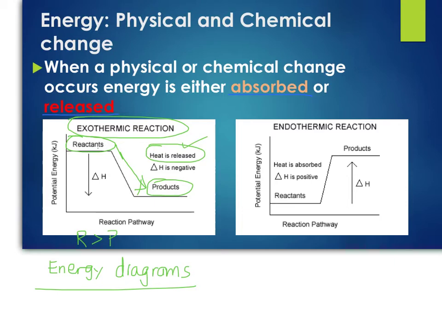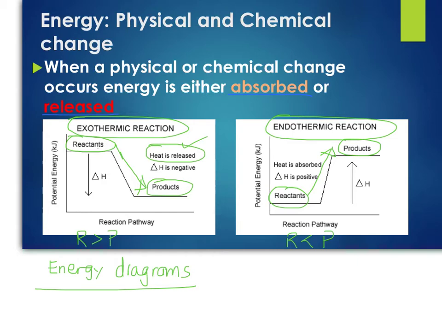Whereas in this one, the reactants have less energy than our products. So energy had to be absorbed, or heat was absorbed to go from reactants to products. And that we call an endothermic reaction.